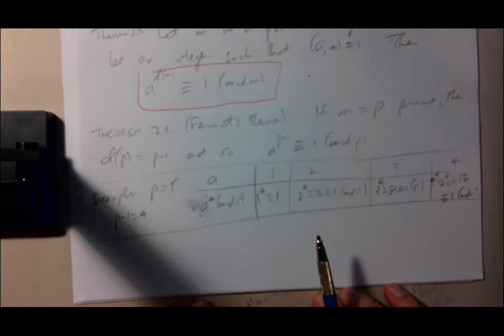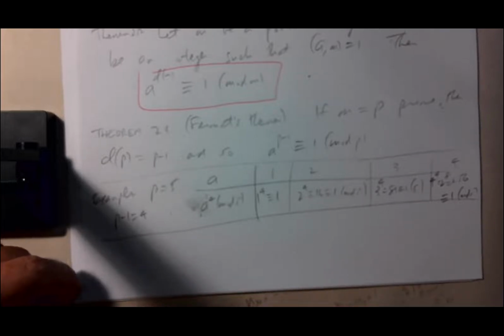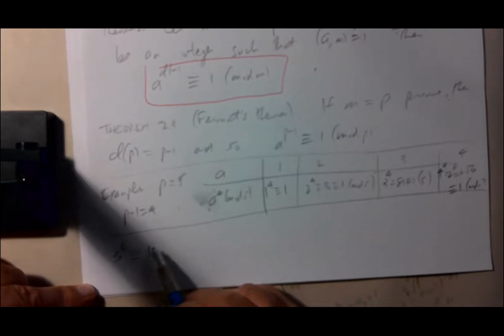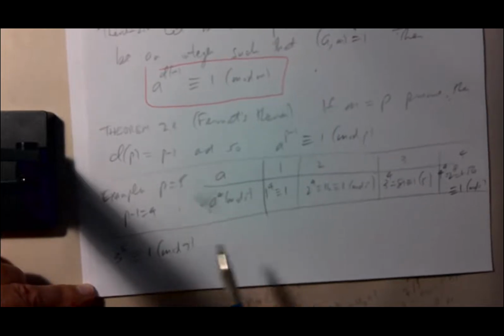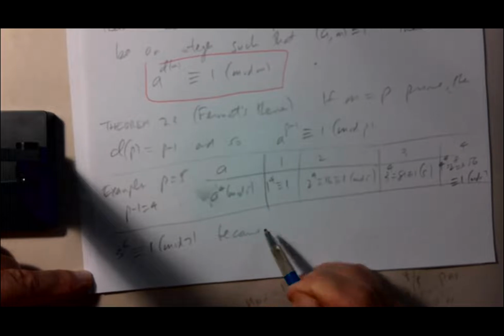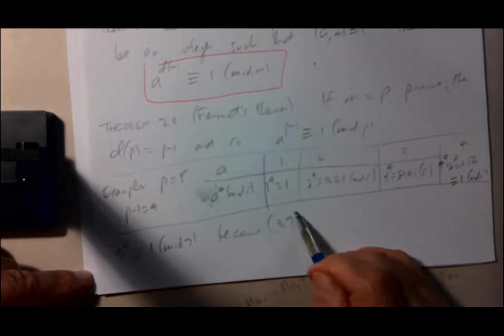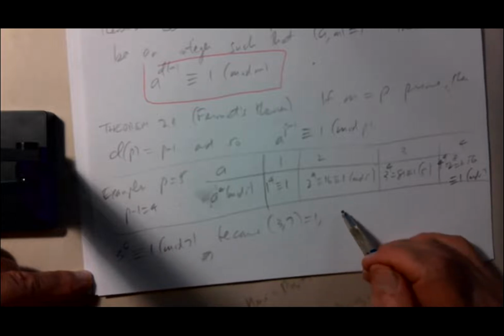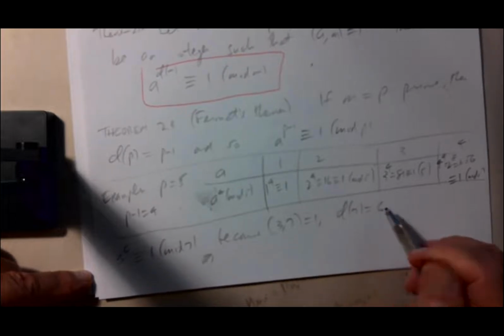So this is an example of Euler's theorem. So, for example, 3 to the 6th is congruent to 1 mod 7, because 7 is a prime, 3 and 7 are relatively prime, and phi of 7 is 6.